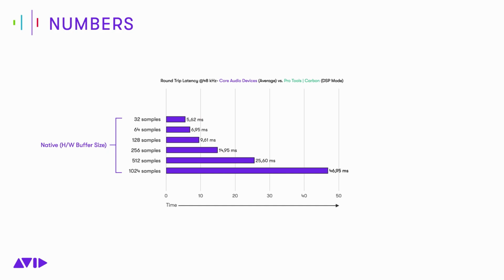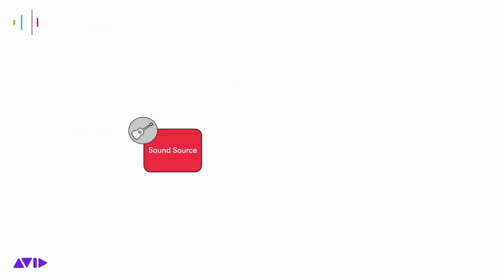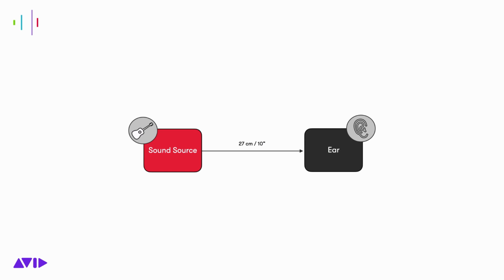But even at the lowest buffer setting in a native system, which will put a lot of pressure on your system, we're not reaching the DSP latency number. At 48K, Pro Tools Carbon's total round trip is only 0.79 milliseconds. That's how long it takes for sound to travel around 27 centimeters or 10 inches through air.